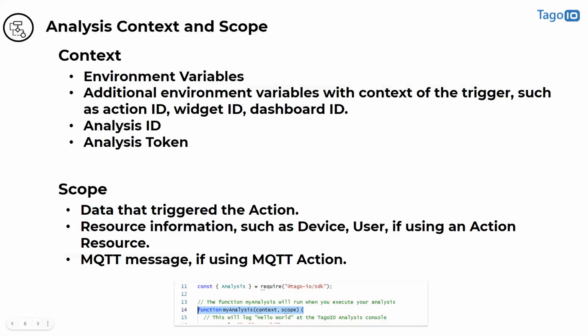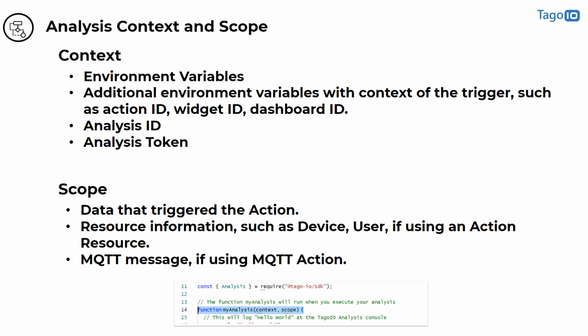Okay, so inside the analysis, we will always have a function that will receive the parameters context and scope. You will see this in all the examples. It is required for you to be able to write your code.